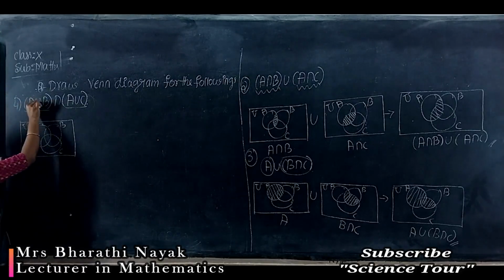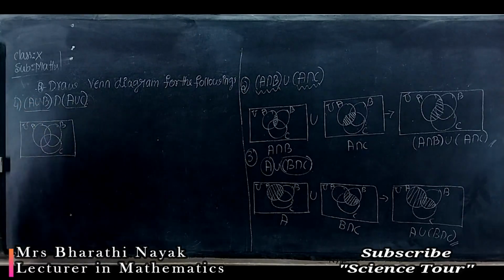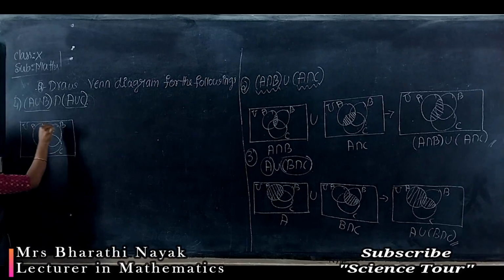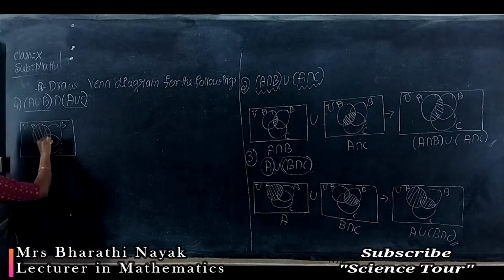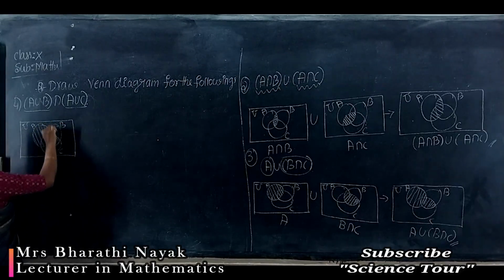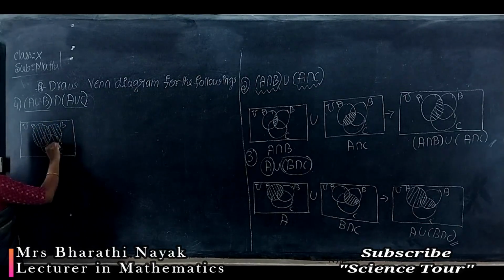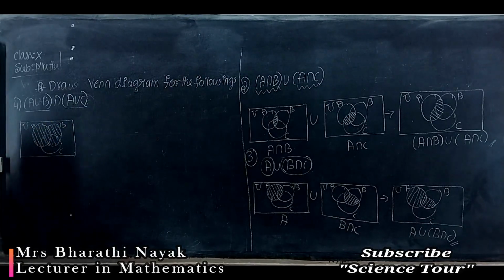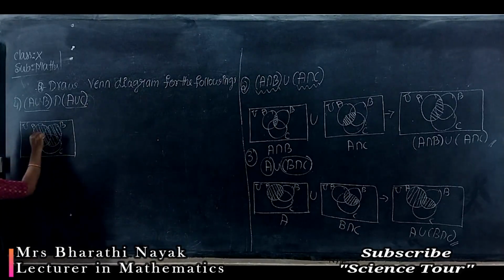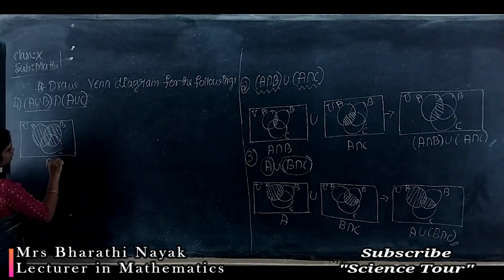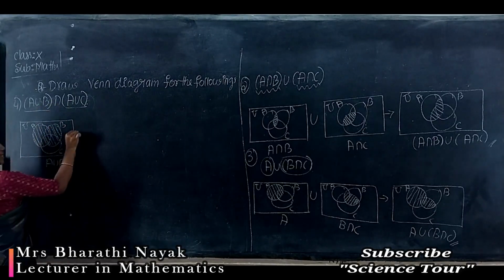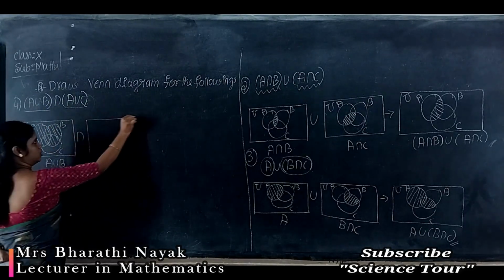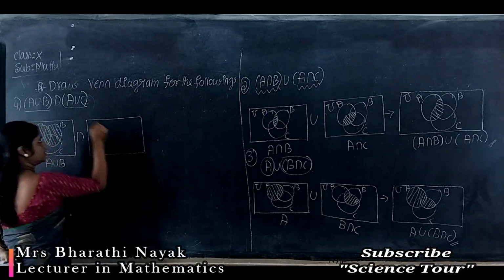A union B, that means what? Consider set A and set B and shade them. If you shade it like this, it indicates A union B. Next, what is the other one?